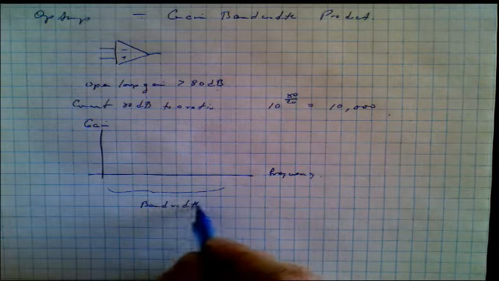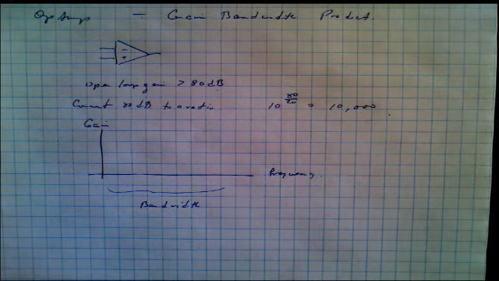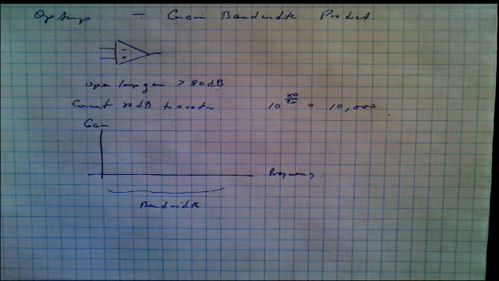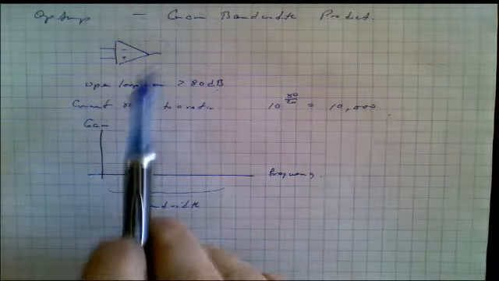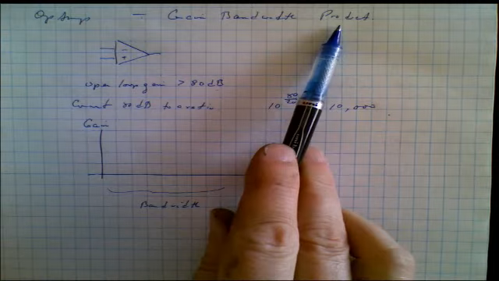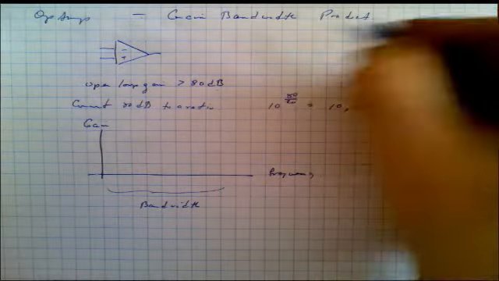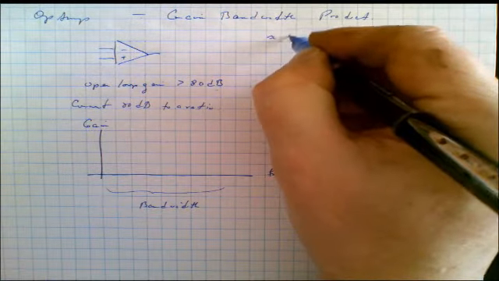That's to say how much range of frequencies the amplifier can handle. We find something very interesting, and that is that the gain bandwidth product is approximately constant.